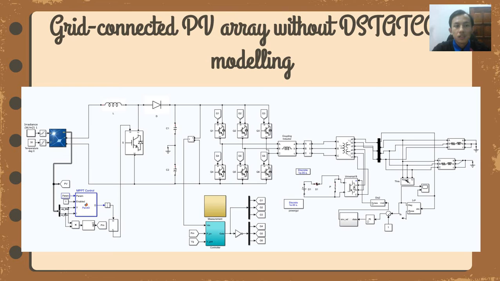So for the next, grid connected PV array without DSTATCOM modeling. PV cells are grouped in larger units called PV modules, which are further interconnected in series parallel configuration to form PV arrays or PV generators.